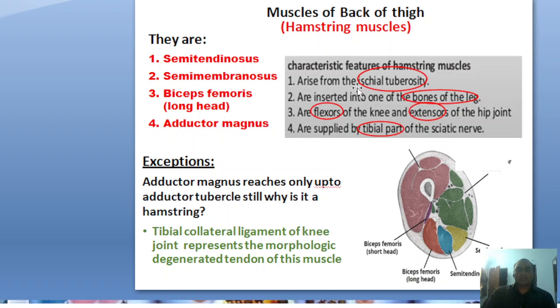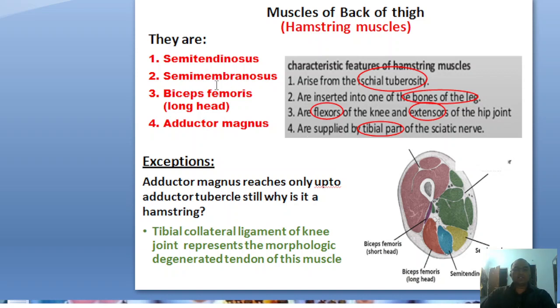These are the most important characteristic features of hamstring muscles, except adductor magnus, because it reaches up to the adductor tubercle. After the adductor tubercle, the tibial collateral ligament of the knee joint represents the degenerated tendon of this muscle. So all the other muscles are inserted into the leg bone, either tibia or fibula.